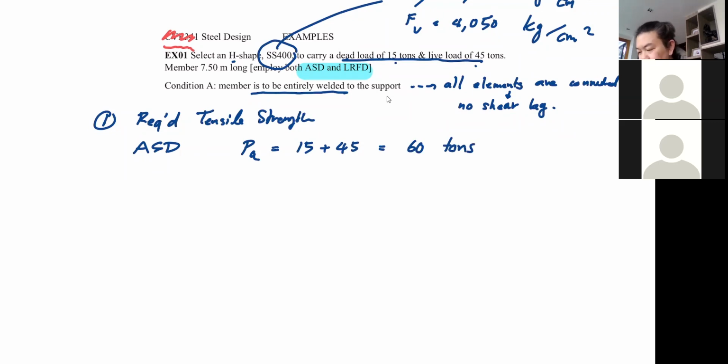Okay. If it's LRFD, it's the factored load. And you probably have seen it before. This is going to be the ultimate load. It's going to be 1.2 dead load plus 1.6 live load.